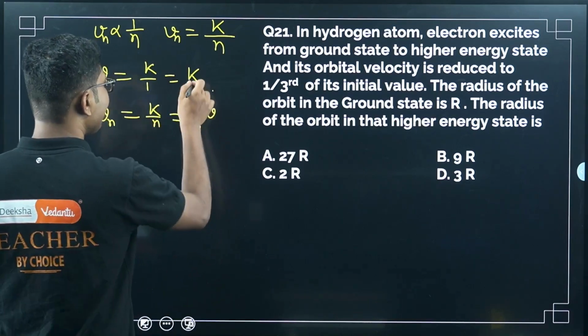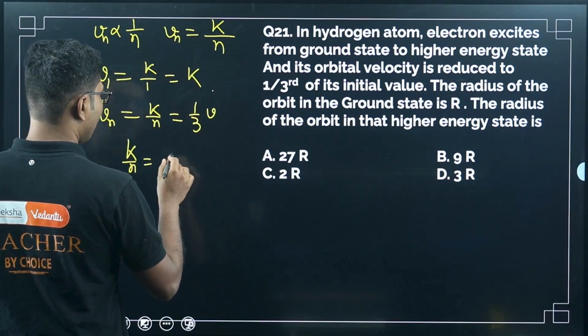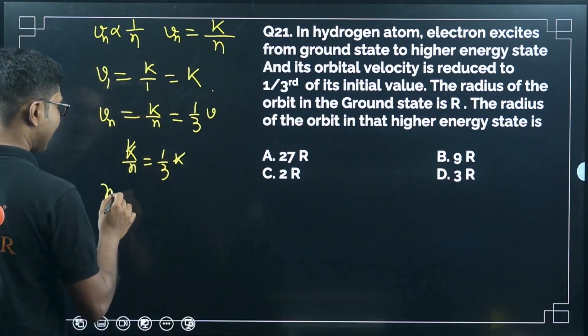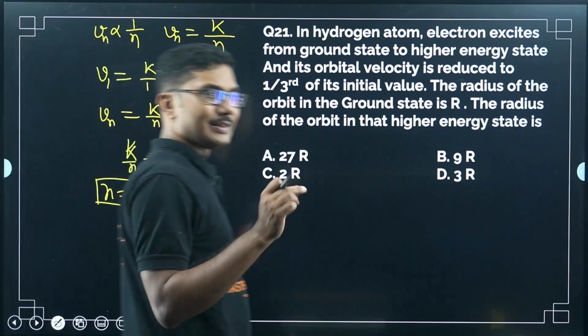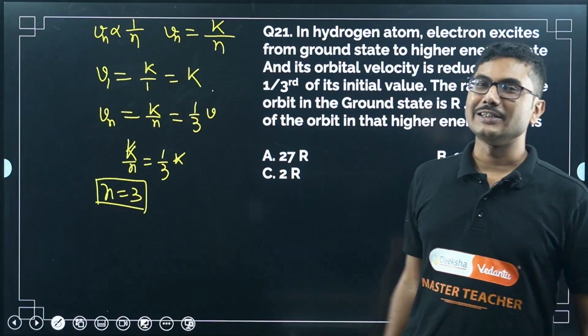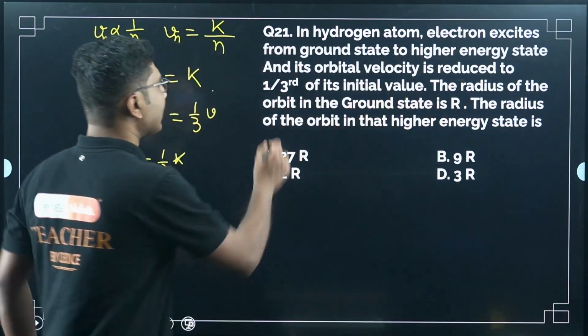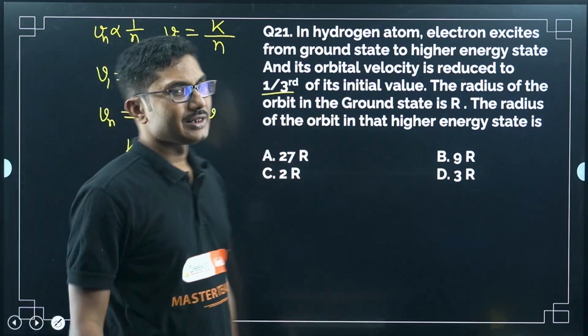Now v is k, so k by n is equal to 1/3 k, k cancels, so n equals 3. Orbital velocity is inversely proportional to the quantum number, so from 1/3 you can directly write 3 as the quantum number.